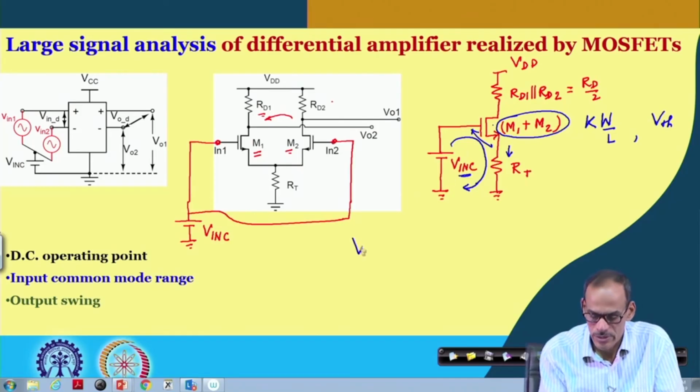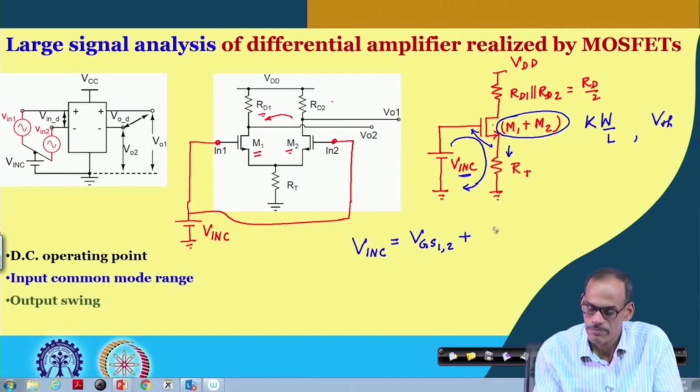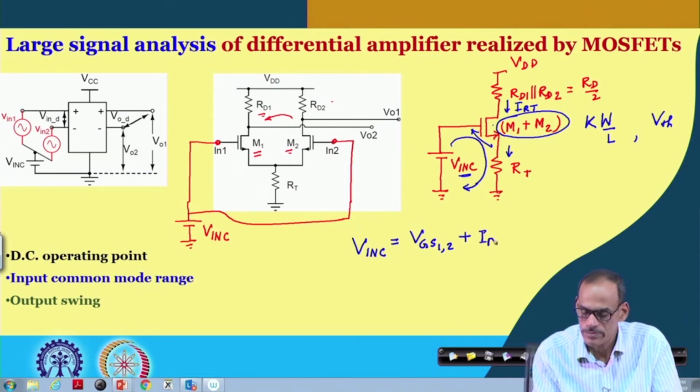Then we can say that V in C equals VGS of transistor 1 or 2 plus the total current. If I say the current is I RT, then I RT multiplied by RT. So, this is one equation.